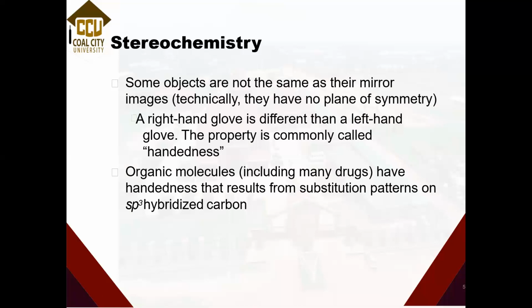We shall look at many of them as we go on. This handedness results from substitution patterns on sp3 hybridized carbon. Take note of the word sp3 hybridized carbon. It means that for this handedness to occur, it must be on an sp3 hybridized carbon. We shall see what that means shortly.